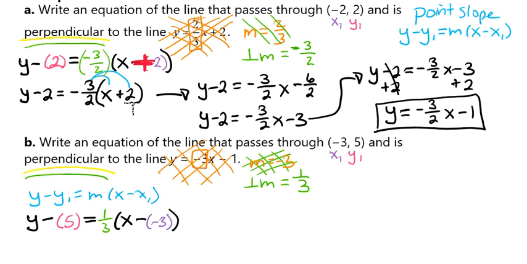We see double negatives, so we can add those together. And then from right here, we're going to skip a little step, and we're going to distribute that 1/3 right here.